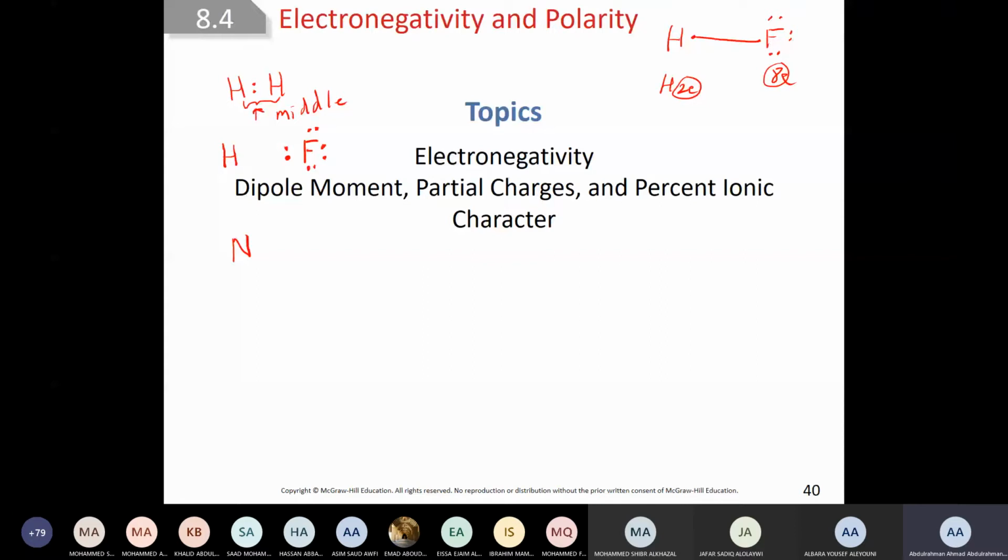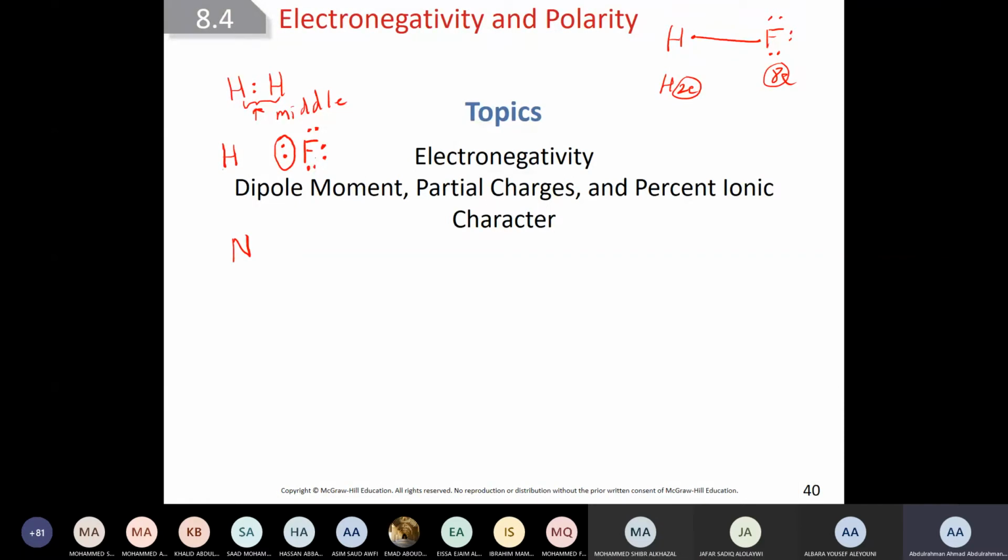Okay, let me make it this way. What am I trying to do here? I want to tell you that the shared electrons between fluorine and hydrogen are now closer to fluorine than hydrogen.